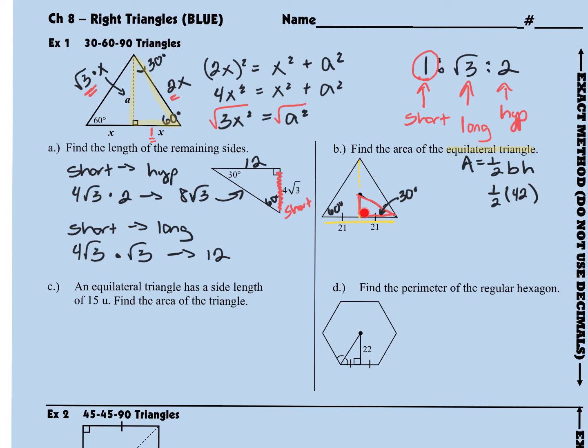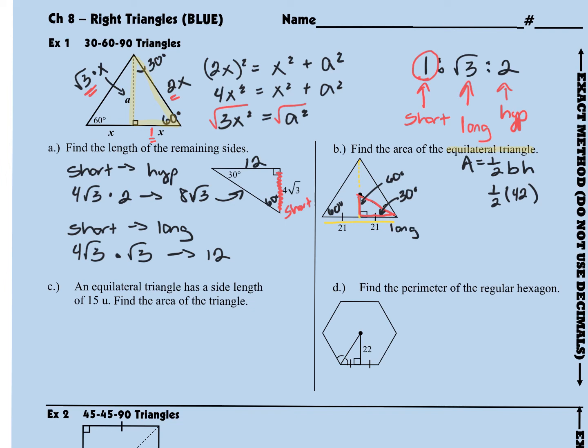So when I look at this little triangle I gave you, there's a 90, there's a 30, so this angle up here is going to be 60. So we have, in fact, a 30, 60, 90 triangle again. This time, I didn't start you off with the short. I didn't give you the piece that was across from the 30. I gave you the piece that was across from the 60. So the little piece that I gave you is actually the long.